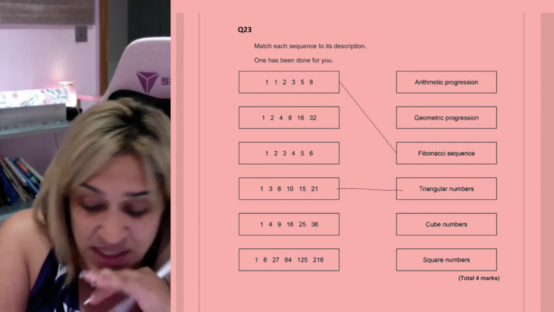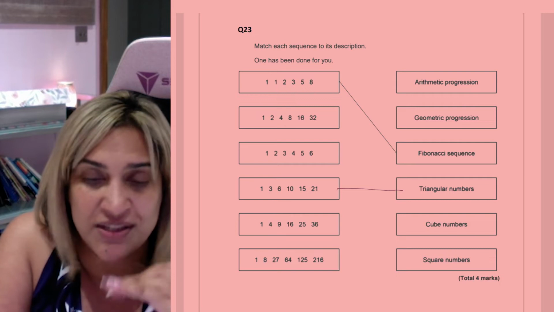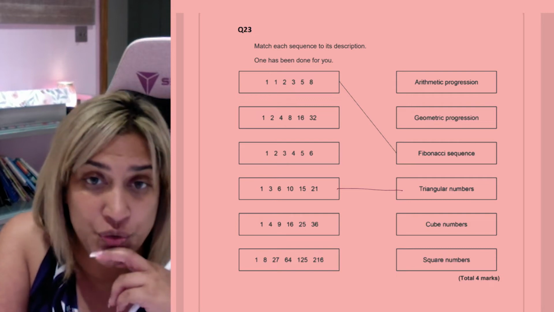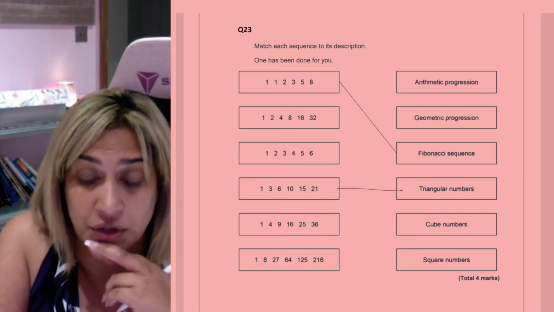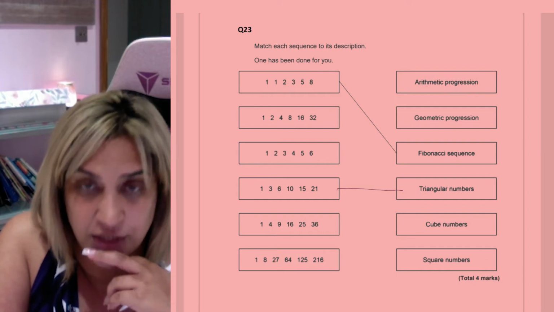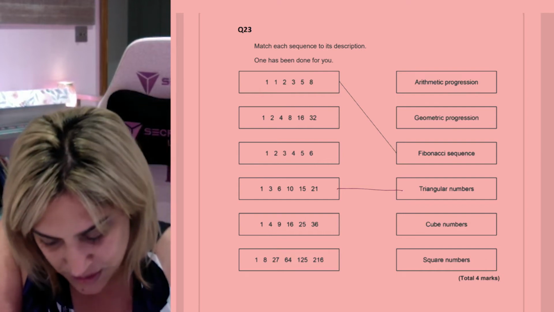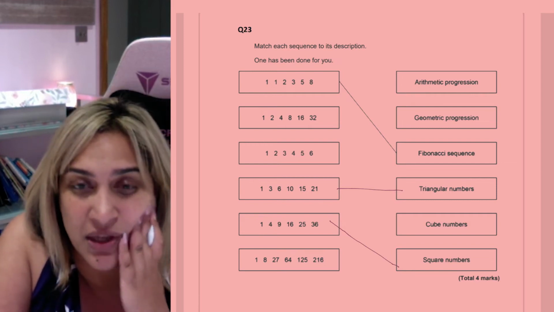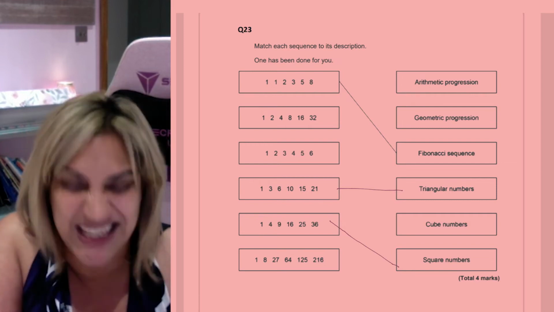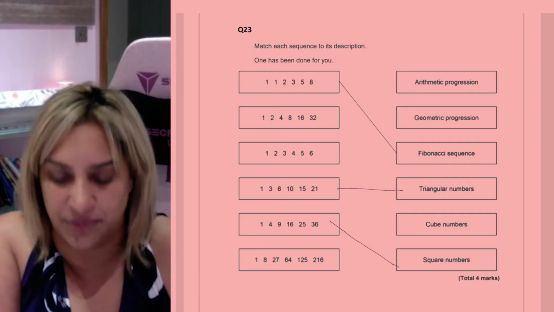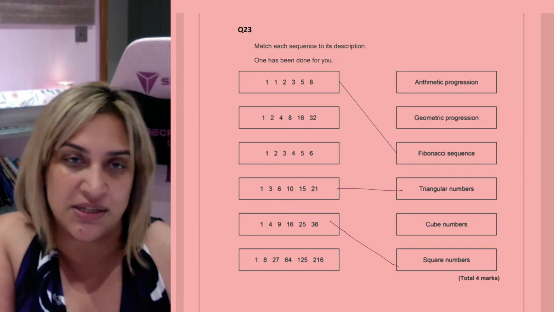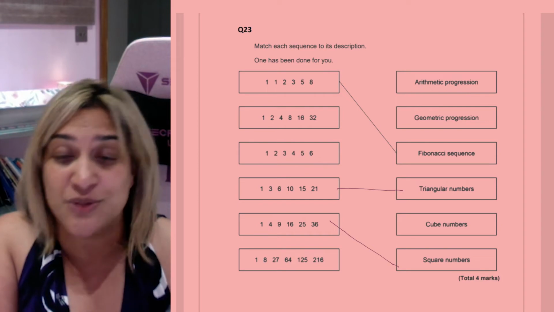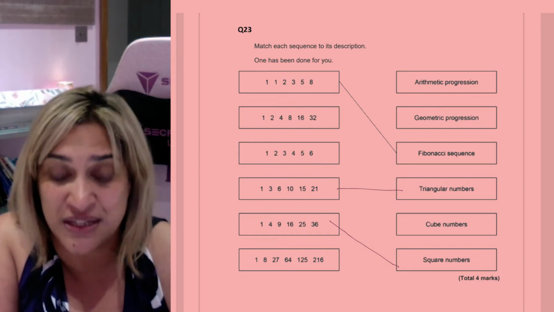Square numbers are quite easy too. 1 squared, 1, 2 squared, 4, 3 squared, 9, 4 squared, 16, and so on. So we've got square numbers. Cube numbers are going to be times each of the square numbers by the number it was squared again. So 1 times 1 times 1 is 1, 2 times 2 times 2 is 8, 3 times 3 times 3 is 27.